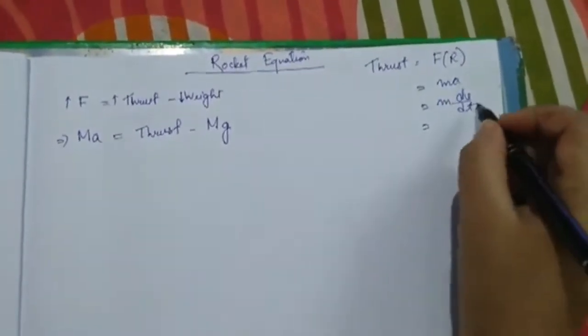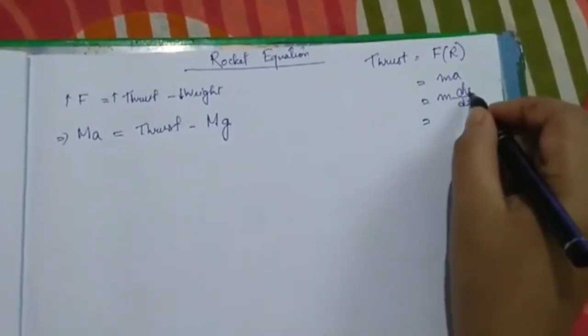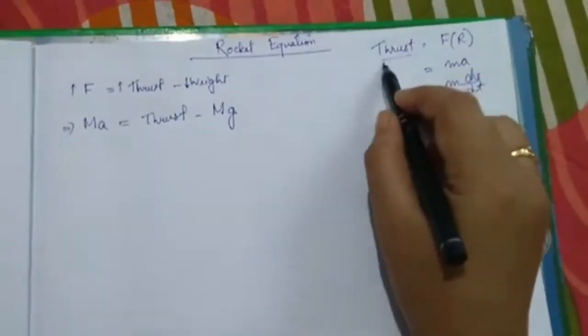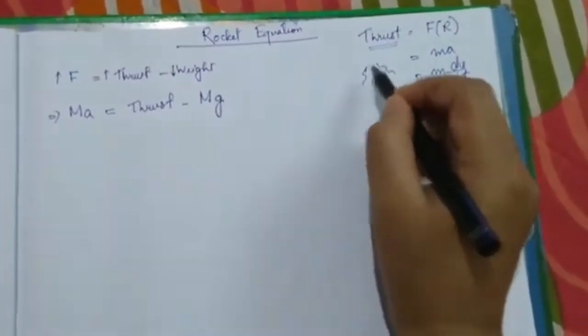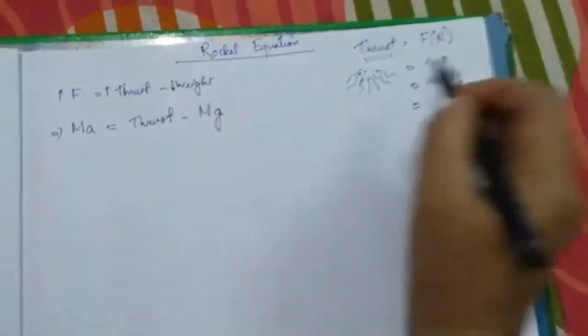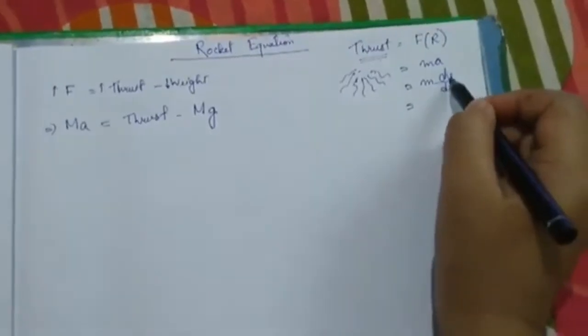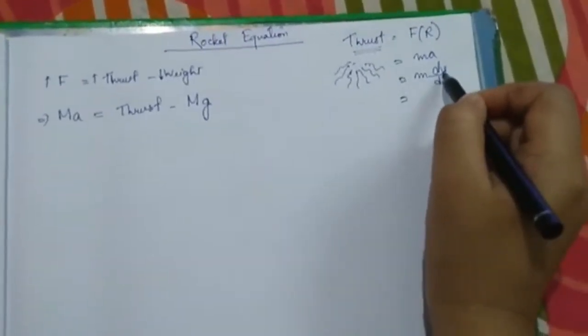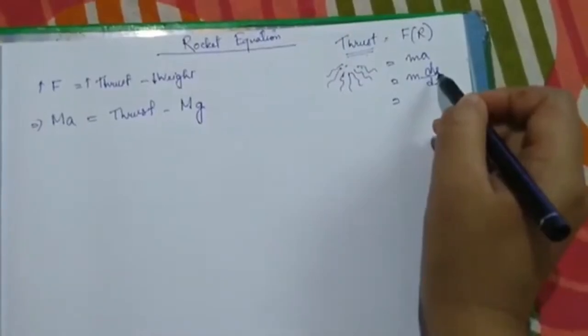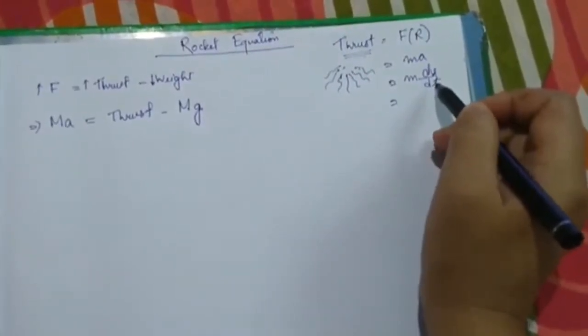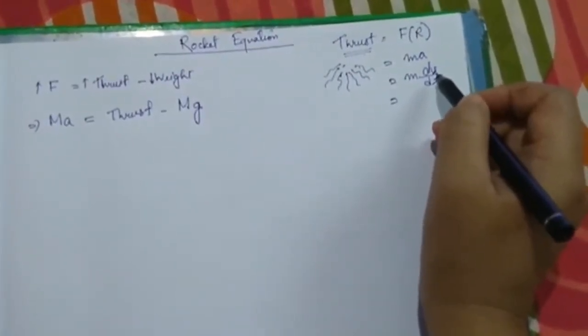Now in this case, if we consider thrust as the resultant of the propulsion of the fuel in the downward direction, then this velocity V is nothing but the velocity of ejection of the fuel, how much fuel is getting ejected.